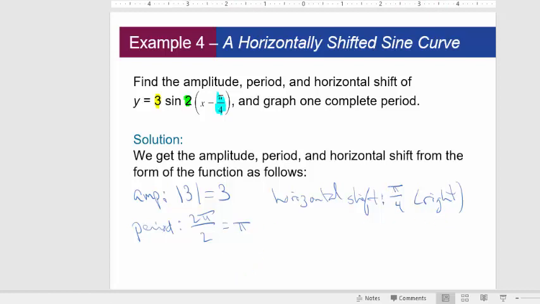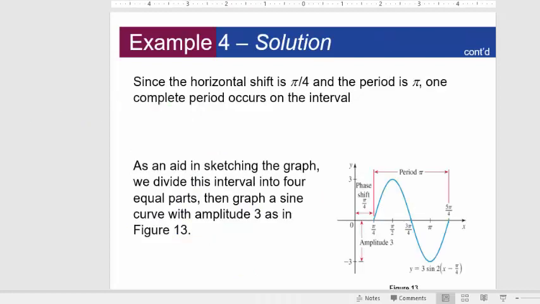So now what am I going to do? Well, I know this is the sine curve, and I know it was shifted pi over 4 to the right. So my main cycle that I'm going to go through is going to start at pi over 4 and end pi units later.